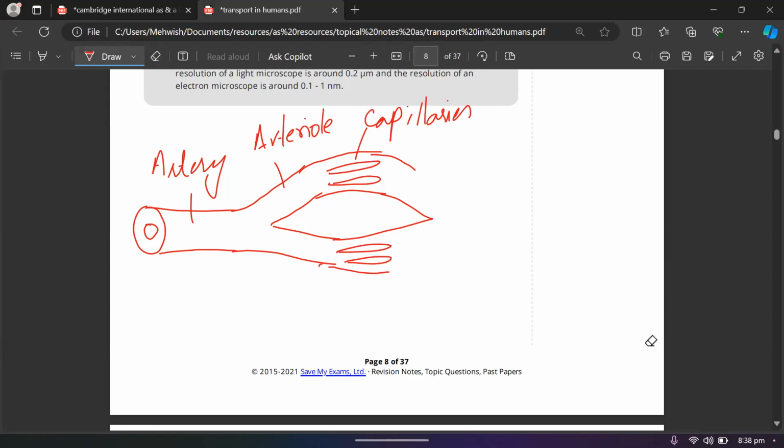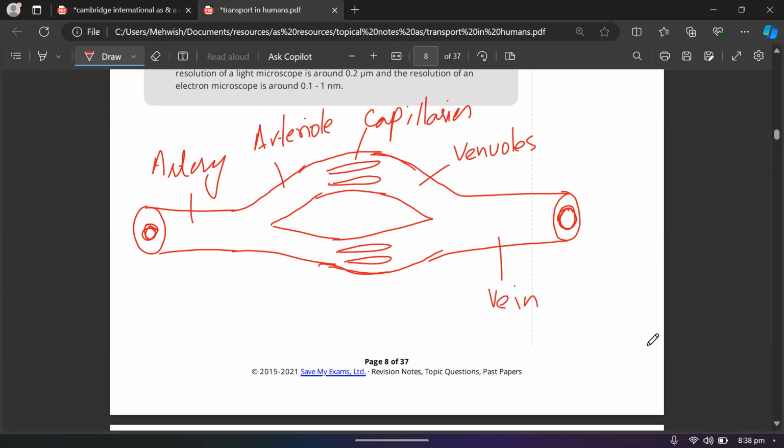And when they all join together, they make up venules. And then when these venules join together, they make up a bigger vein, right? So this is a vein, and its lumen is bigger than the artery's lumen. You can see that, right? So these are venules, and this is a bigger vein that is bringing blood back into the heart, right?